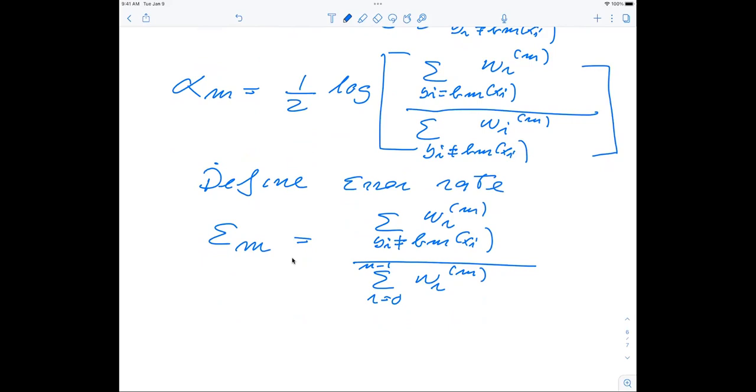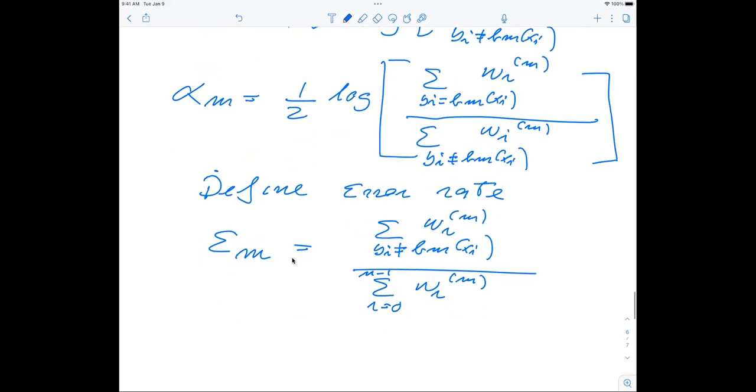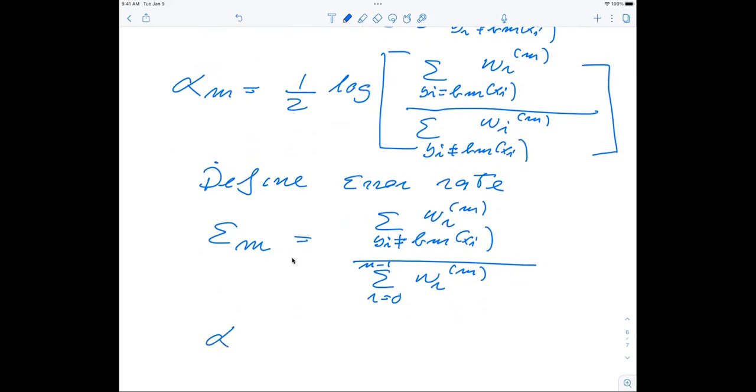So if you look at that, you can then rewrite alpha of m. So take a closer look, I can actually rewrite this alpha of m with this error rate. So I have two summations. The first summation is something which I can rewrite as the sum over 1 minus the misclassified, right?